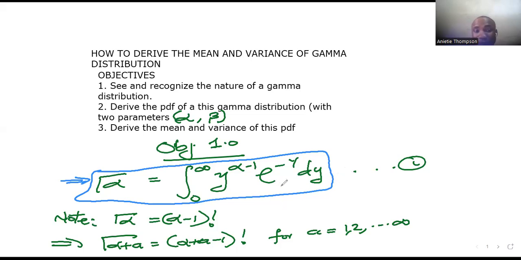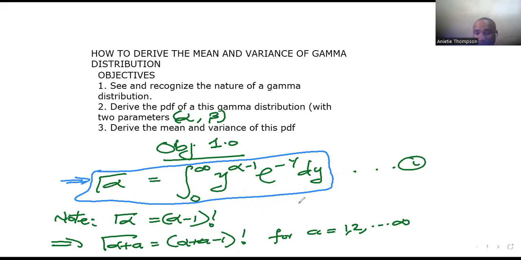So from this, I'm going to derive the PDF of the gamma distribution with two parameters. But before we proceed, I would like you to know another form of writing this. Gamma of alpha is the same thing as alpha minus 1 factorial. I want you to know what this means: it is a factorial multiplication.